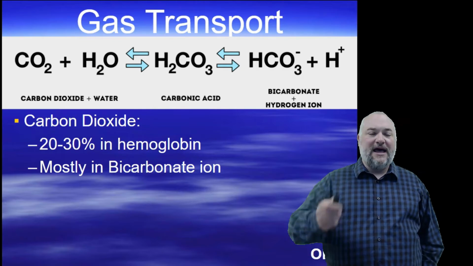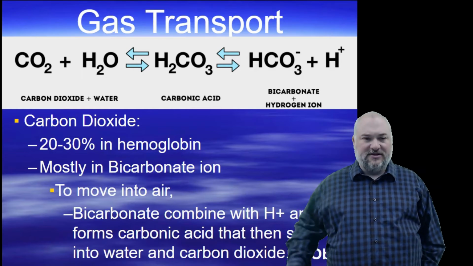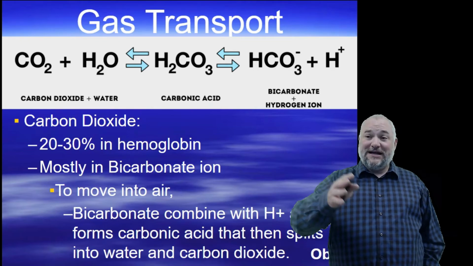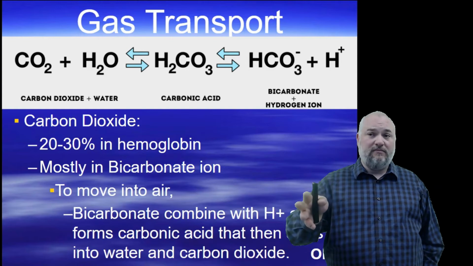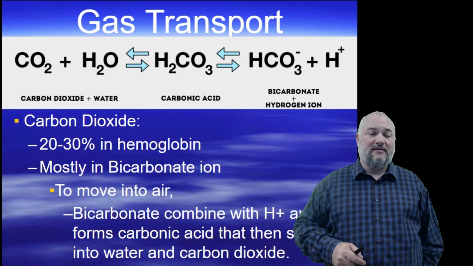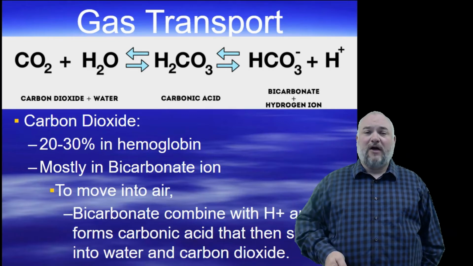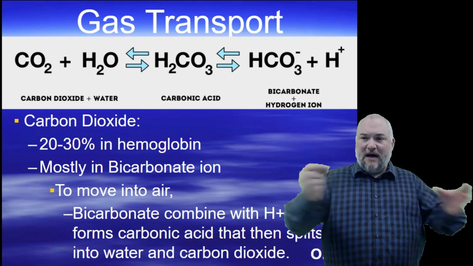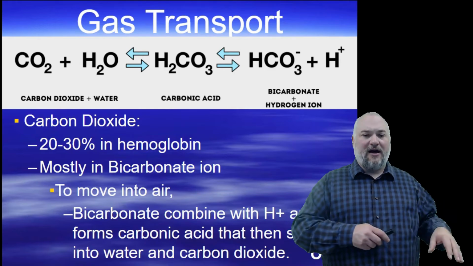So that carbon dioxide comes out of our cells, combines with water to make carbonic acid, which then dissociates to become bicarbonate and a hydrogen ion, and that actually helps our blood maintain its acidity because we've got free-floating hydrogen ions, which are basically an acid, right? Our blood's not acidic, but that's how we maintain the pH of our blood. So that gets bound up in that bicarbonate when it comes out, and then it's carried through our bodies as that bicarbonate ion.